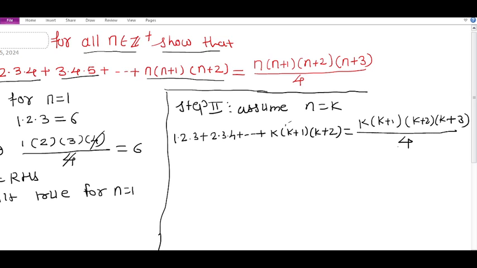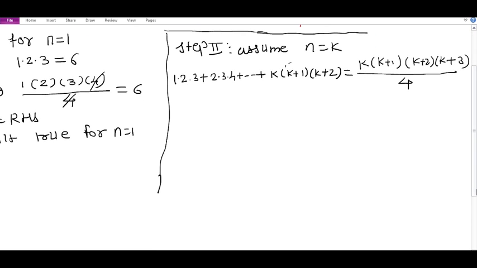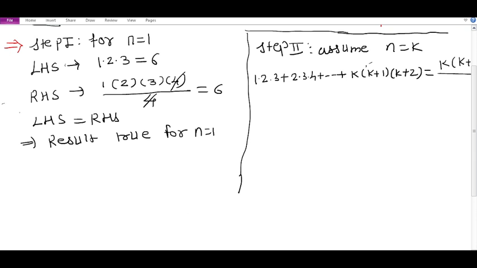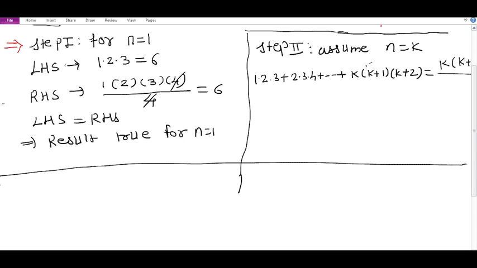So we assume this in step number 2. Now in step number 3, we want to show that the result is true for n equal to k plus 1.